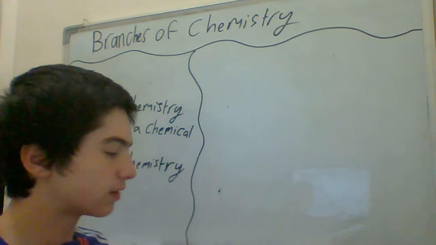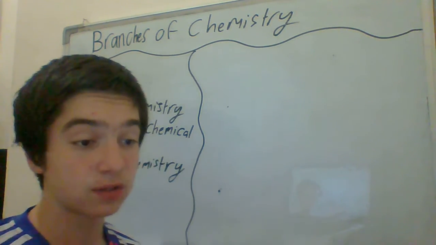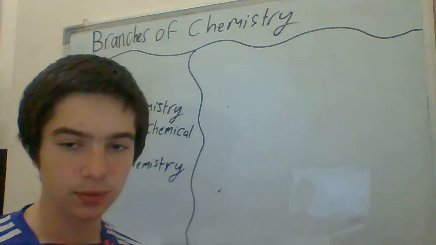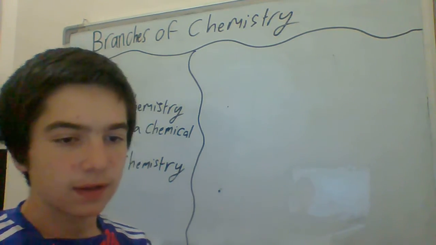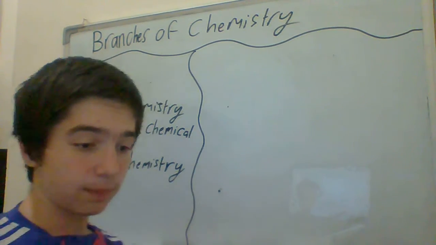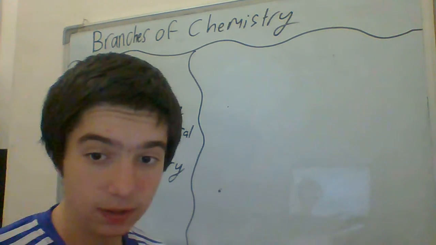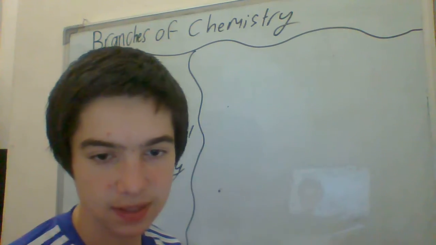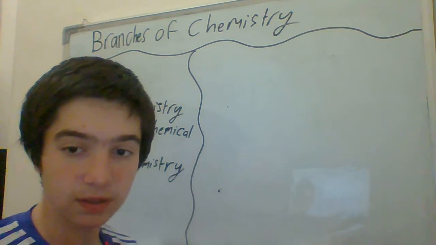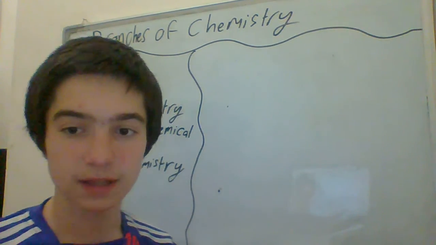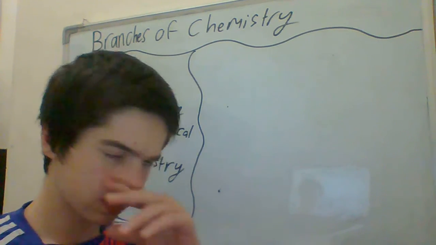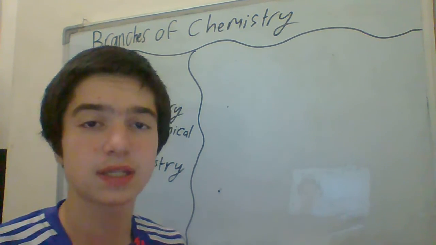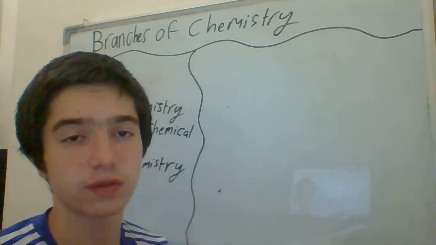Okay, now the last branch of chemistry that is usually in your textbook, given by your teacher, is biochemistry. Of course, there are a lot of other branches like electrochemistry and green chemistry, but in the textbook for grade 9, they're just giving students 6 examples of branches of chemistry.